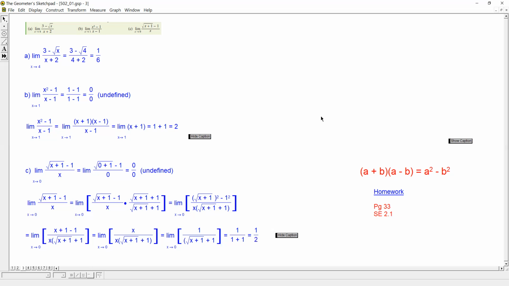If this is a plus b, a minus b, then it will be equal to a squared minus b squared. The a is square root of x plus 1, the b is 1.